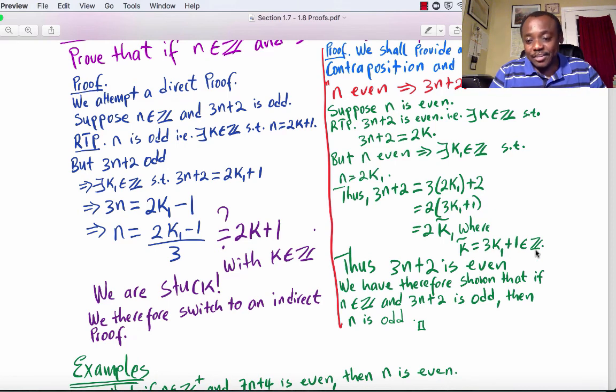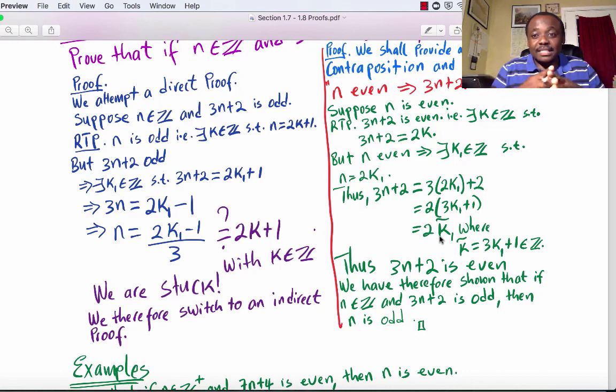It is an integer. So k wiggle is 3k1 plus 1, and I claim that is an integer. Why is it an integer? 3 is an integer, k1 is an integer, the product of two integers is an integer, the sum of integers is an integer, so my k wiggle is an integer. So what have I done effectively? I did prove that 3n plus 2 equals 2 times some integer k.